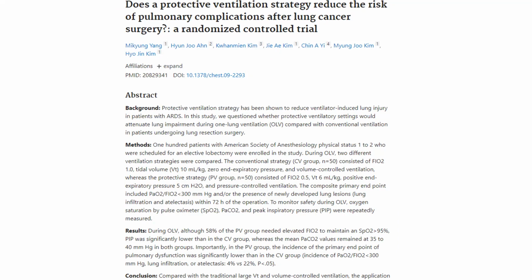Whereas in the patients with the conventional ventilation strategy, FiO2 of 1.0 was used with a tidal volume of 10 ml per kilo and volume control ventilation. This study shows that the incidence of pulmonary dysfunction was significantly lower in the protective ventilation group compared to the conventional ventilation group. So protective ventilation does result in better outcomes in terms of pulmonary complications after lung cancer surgery.